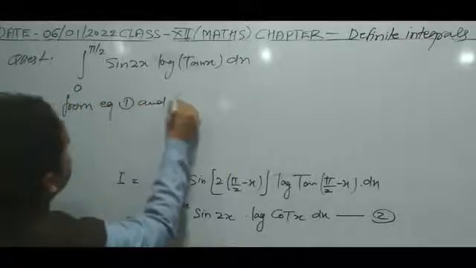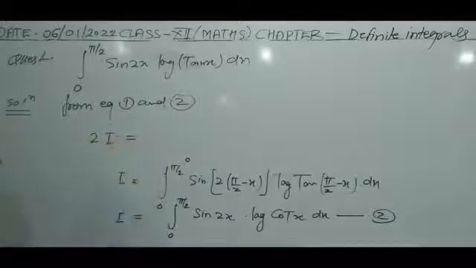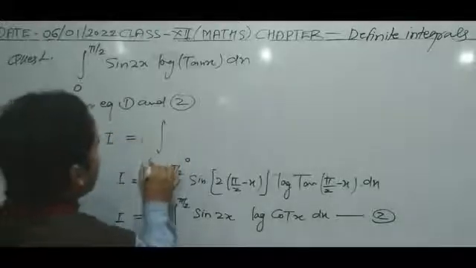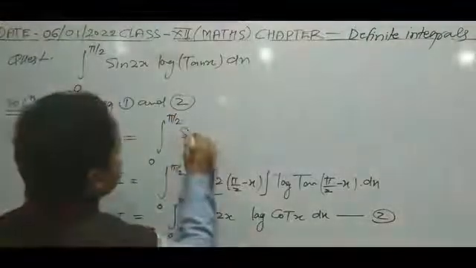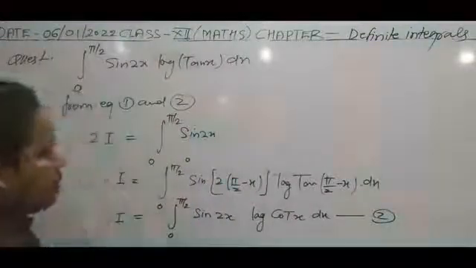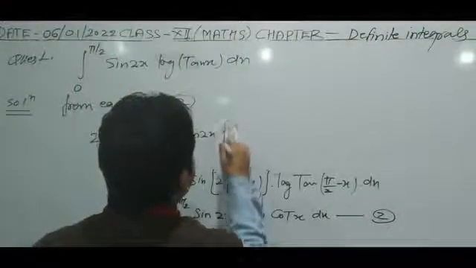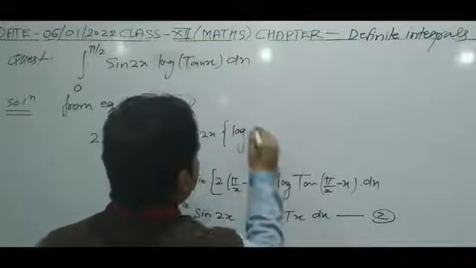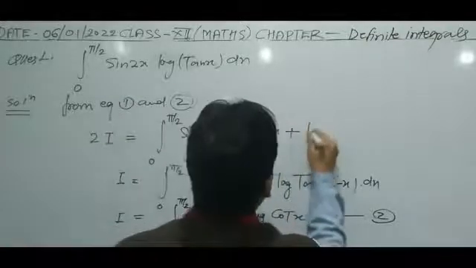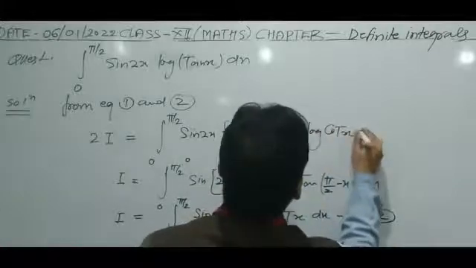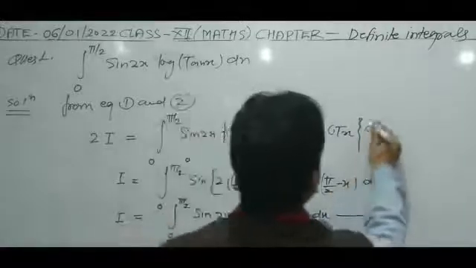From equation 1 and 2, we are going to add equation 1 and 2. So sine 2x is common, and in the bracket the result will be log of tan x plus log of cot x, curly bracket closed, this is dx.